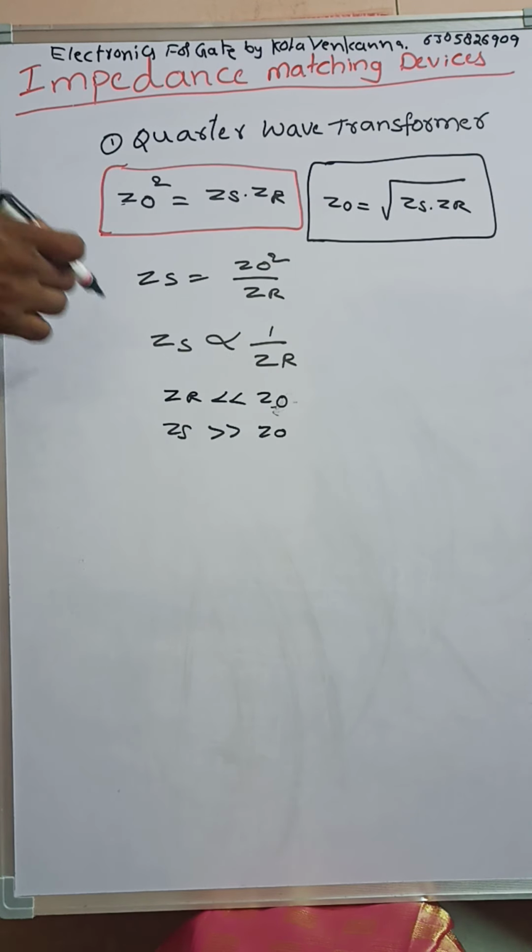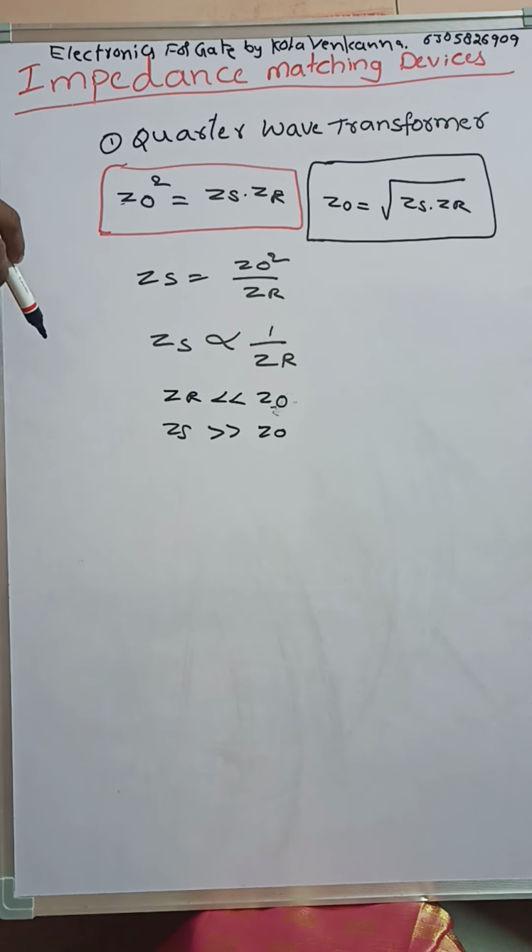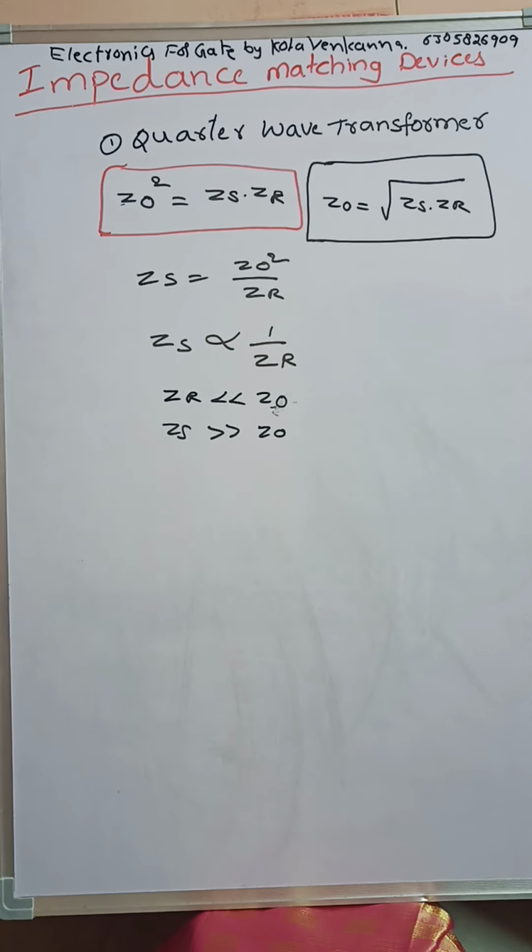By choosing the appropriate value of Z0, a lambda by 4 transformer line acts as a step up or step down impedance transformer, and that's why it is called an impedance inverter. By using the impedance inverter, the maximum power is transferred from source to load. So this is one of the impedance matching devices, that is the quarter wave transformer.